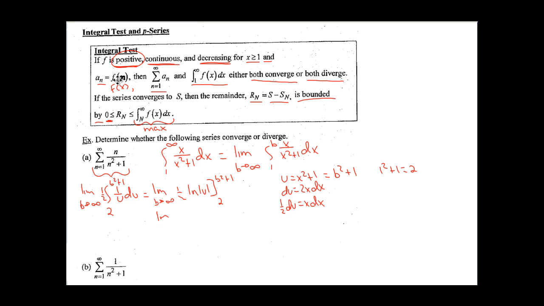So that's the limit of 1/2 times the natural log of the absolute value of b squared plus 1 minus natural log of 2. As b approaches infinity, that goes to infinity. So this whole limit goes to infinity. Well, the integral diverges.